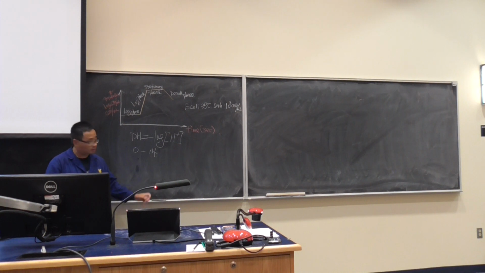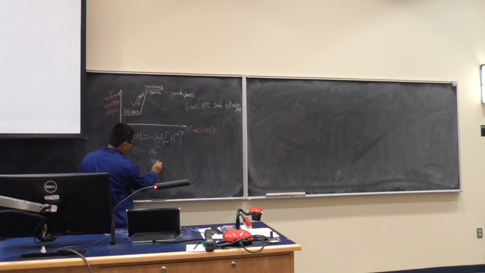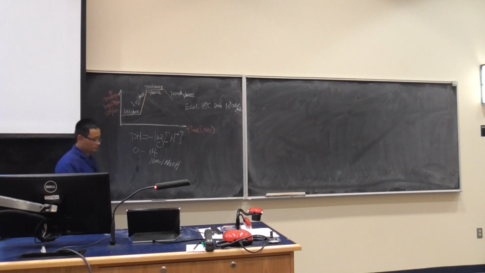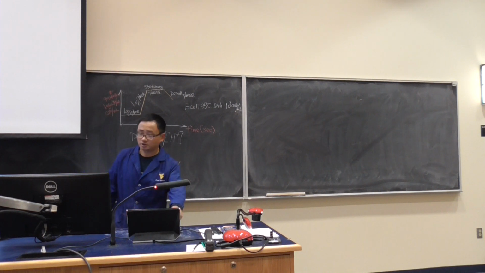Battery acid is 0, very highly corrosive. What is 14? 10 molar sodium hydroxide. And we like the ones in the middle, right? pH 7, neutral. Okay, so this is pH.